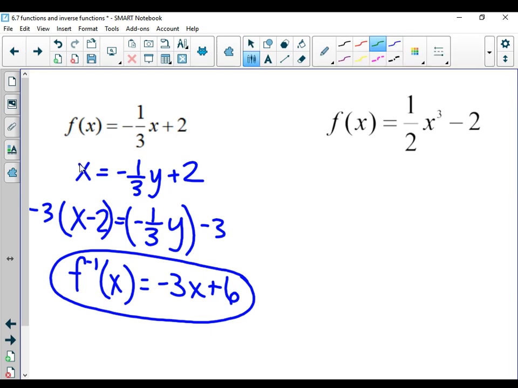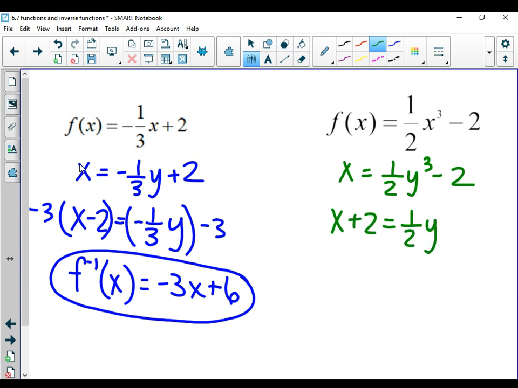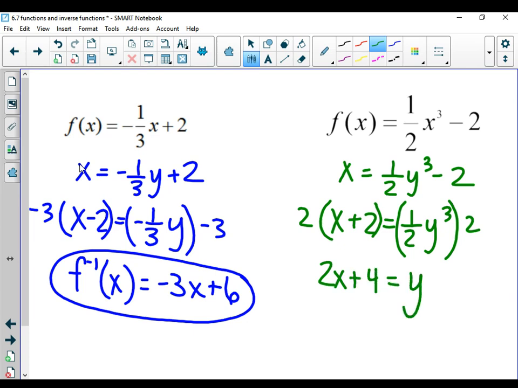Over here, I switch my x and y. Add my 2. How do I get rid of 1/2? Multiply by 2. So I get 2x plus 4. And how do I get rid of y, or the cubed with the y? Cubed root. Okay.